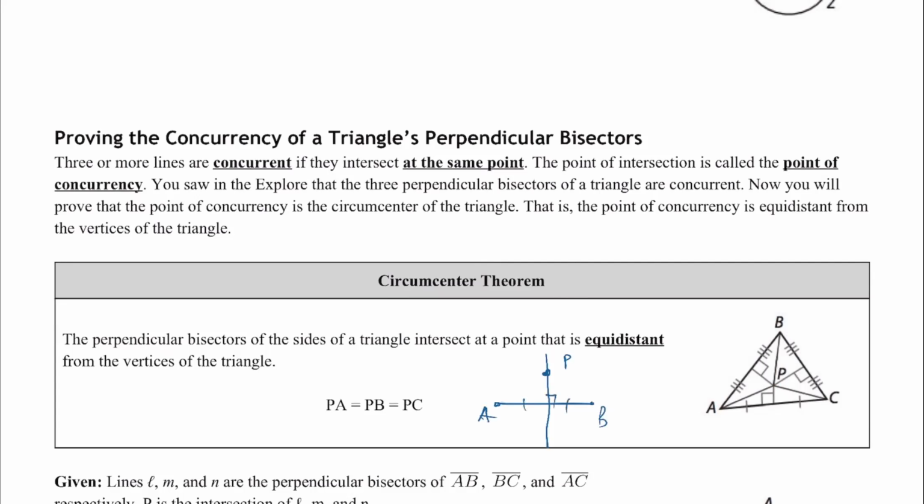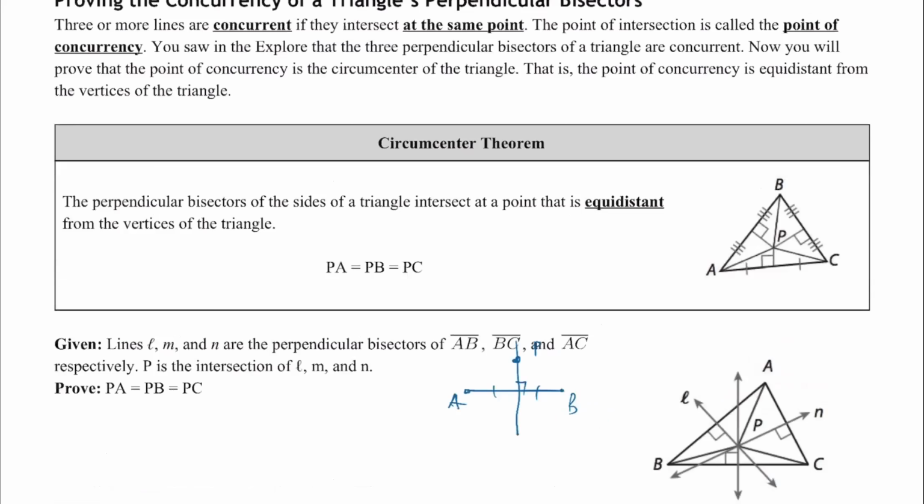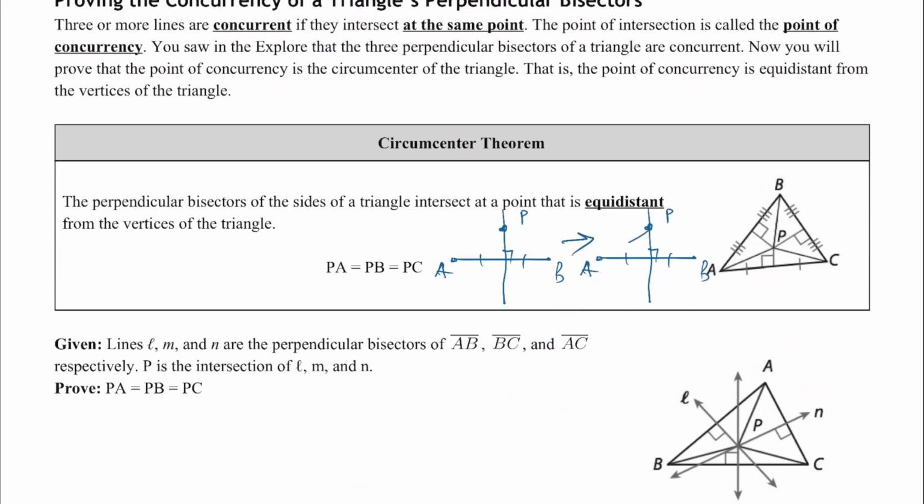So it looks like this. Given this information, what the theorem said was that these two segments, let me pull that out just a tiny bit right there, are congruent. So that was the perpendicular bisector theorem, right?